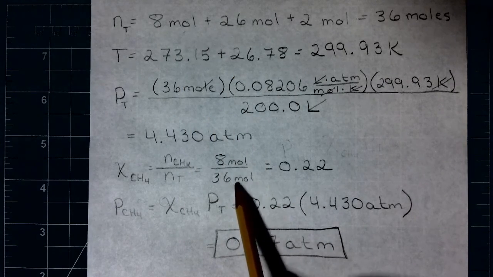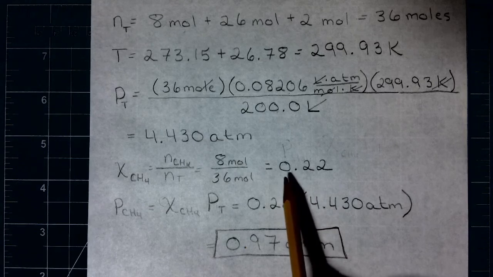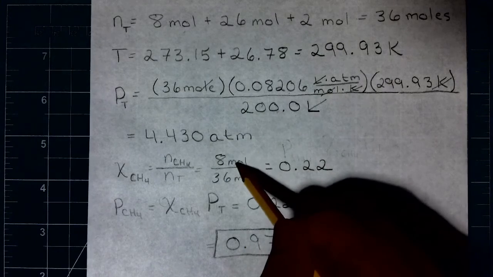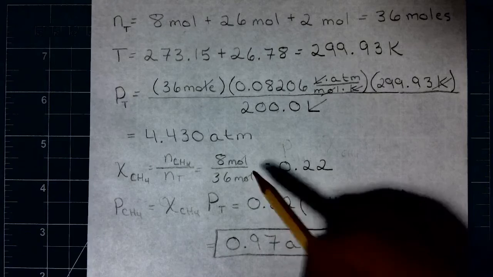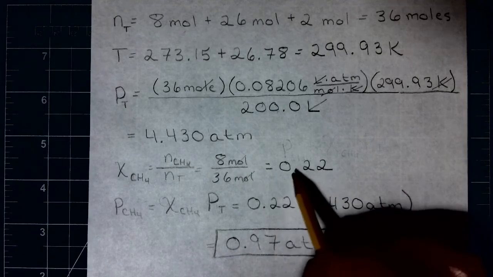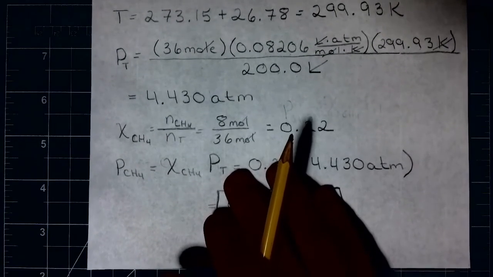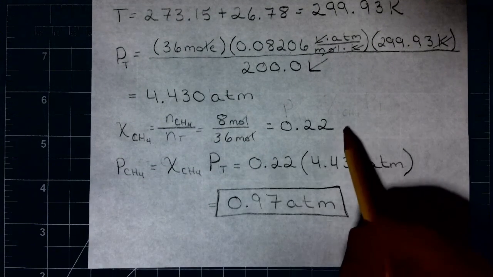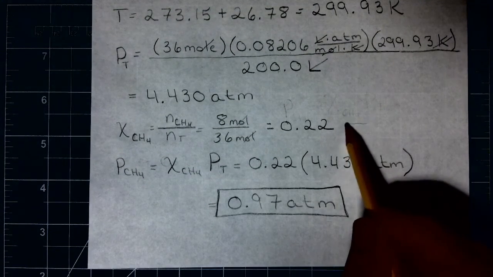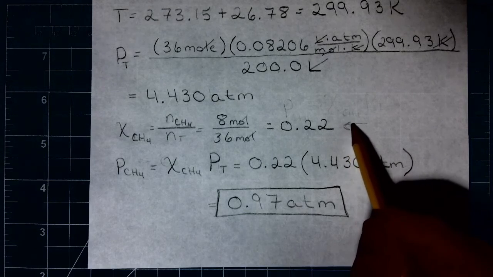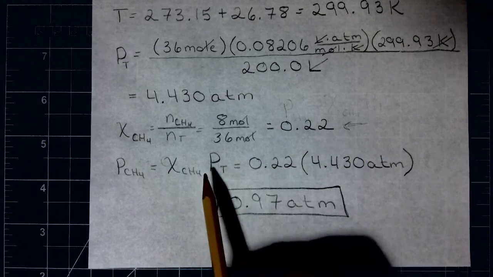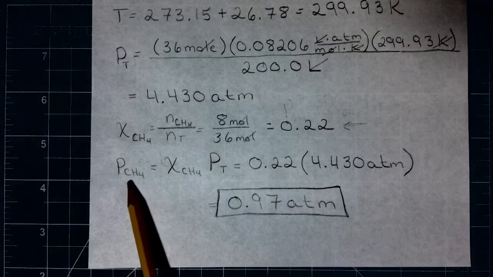So we take 8 divided by 36, and we can see that our mole fraction is a dimensionless quantity where we cancel these units, and it's 0.22. Little sanity check here. 0.22 is between 0 and 1. It is in fact a fraction, so that does make sense.